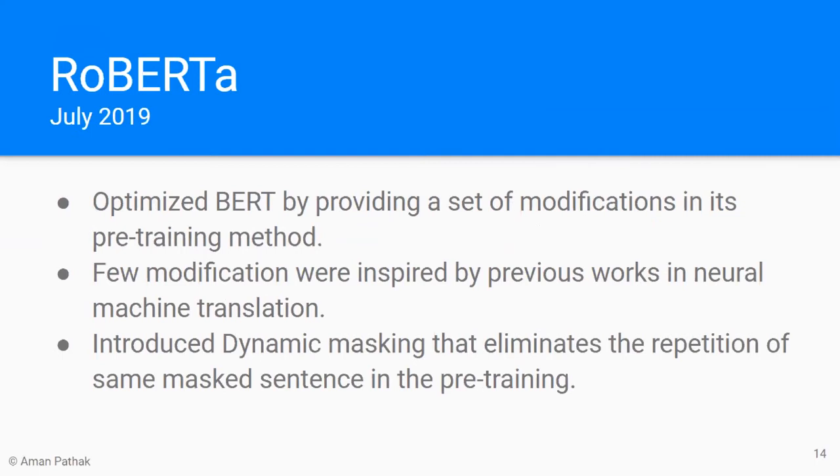A few of the modifications which were proposed were also inspired by previous works which have proved to be successful, and those previous works were in neural machine translation. One of the optimizations was to introduce dynamic masking that eliminates the repetition of the same masked sentence in the pre-training.